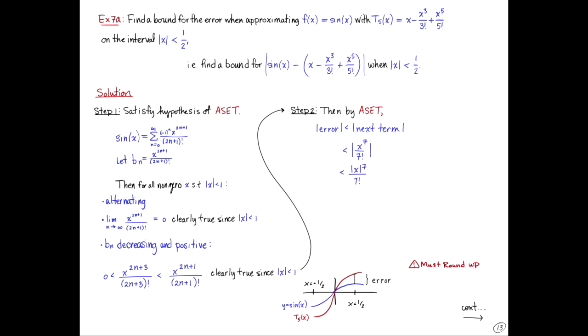We're given that the absolute value of x will always be less than 1/2. So continuing with our inequality, we know that the absolute value of x to the 7th over 7 factorial is going to be less than 1/2 raised to the 7th power over 7 factorial.